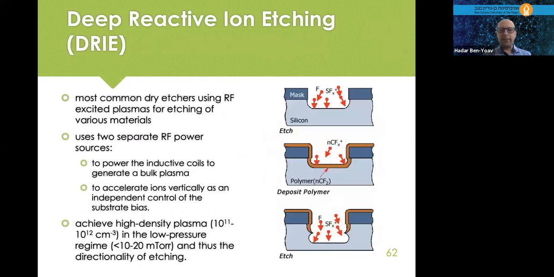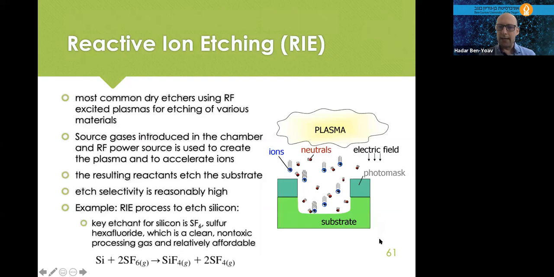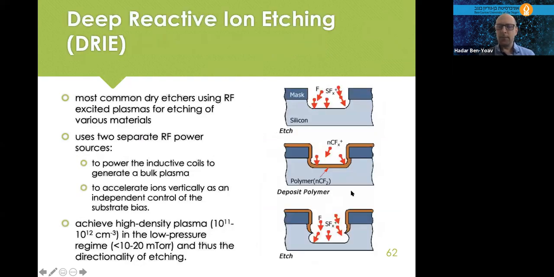There's also the deep RIE, and the deep RIE is kind of similar to reactive ion etching, based on a chemical reaction. However, we can get much thicker trenches. And the process is that you flow the gas, which has a much faster etching rate towards the vertical direction.